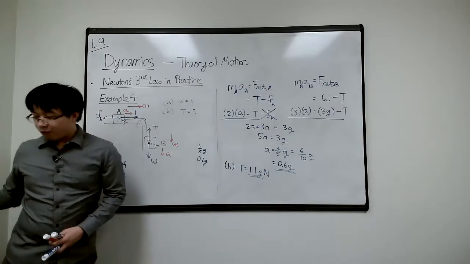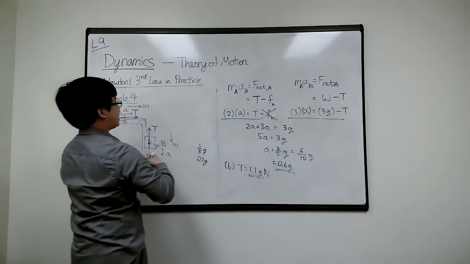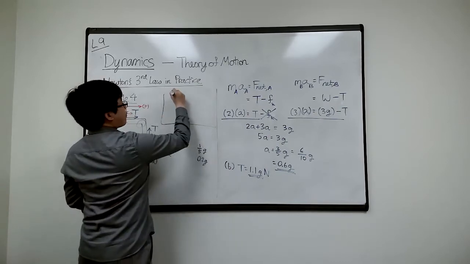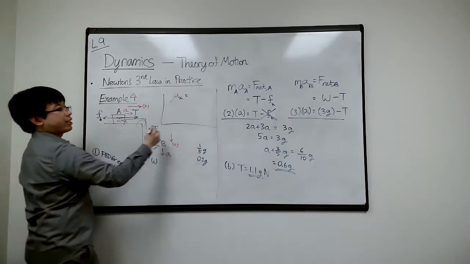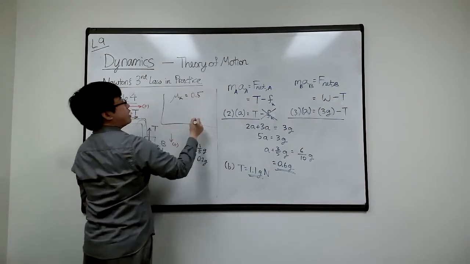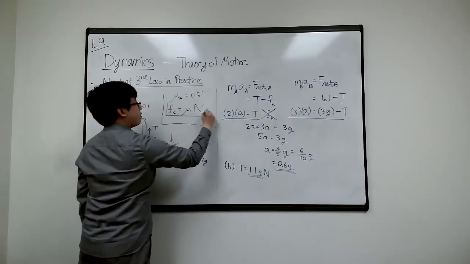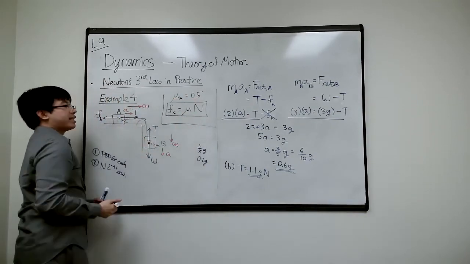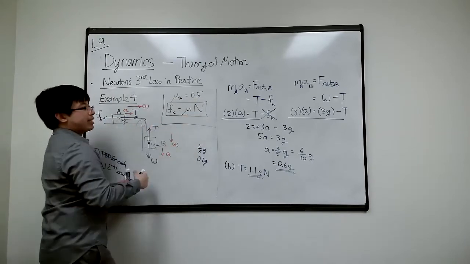But really what I want to leave as an exercise for you is to solve what if I have mu K, the kinetic coefficient of friction, as 0.5, right? Remember what that means: friction is proportional to the normal force. I'll leave it as a challenge for you to find the normal force.